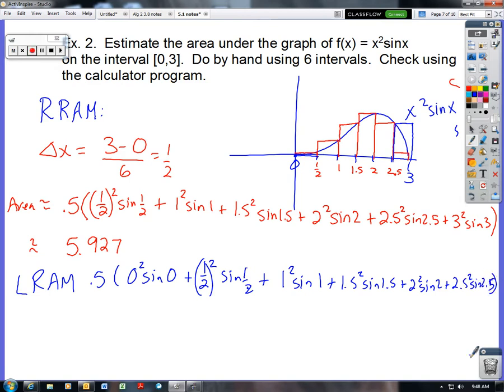Count them up. How many terms do you have? 1, 2, 3, 4, 5, 6. Notice the first one is actually going to give you a 0. So there are really only 5 rectangles that are contributing to the area if you do LRAM. And if you do LRAM, you should end up with 5.292.